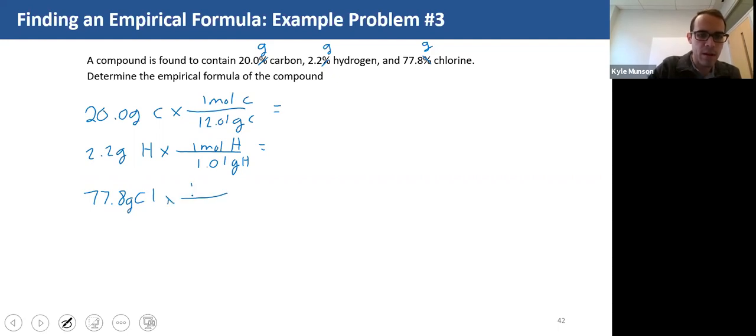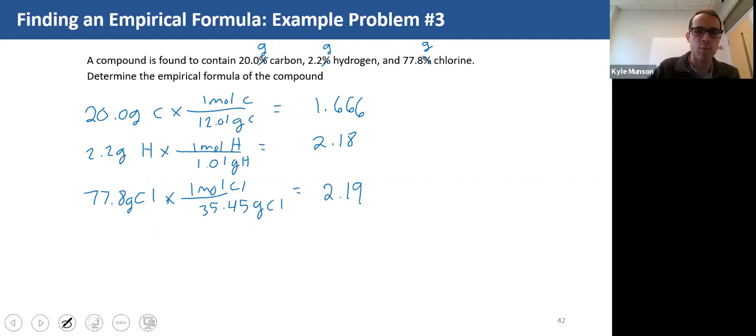Chlorine, okay, 35.45 grams chlorine. So when I put all this in my calculator, I get 1.666 again, pretty much, 2.18, and 2.19-ish. I believe when I plugged it in my calculator, it's close to 2.18.